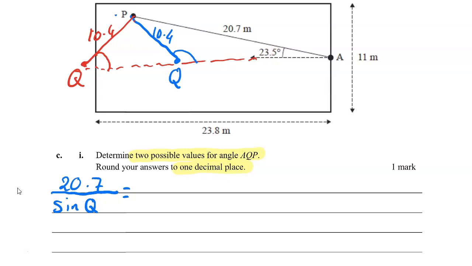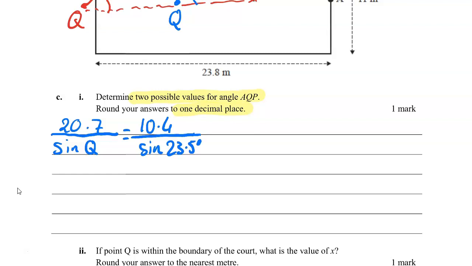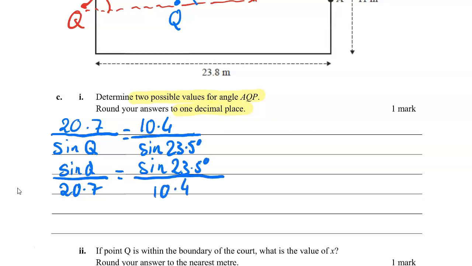So that is 10.4 over sine 23.5 degrees. Now you can flip this. If you understand fractions, you can flip those fractions to make life a little bit easier when we come to solving it. So sine Q over 20.7 equals sine 23.5 degrees over 10.4.